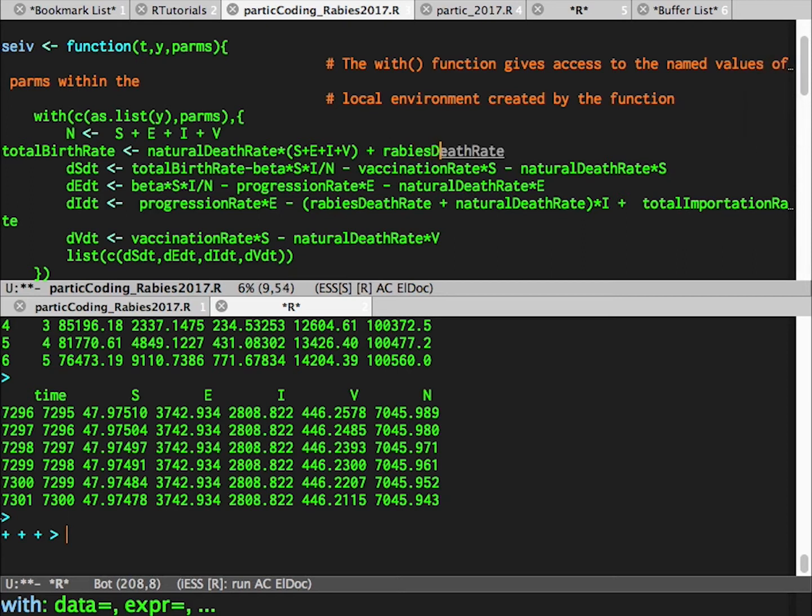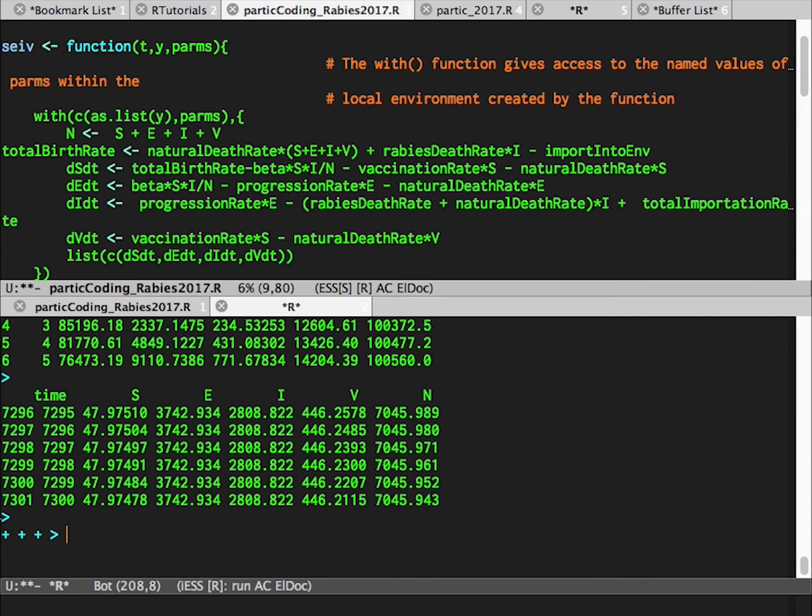Rabies death rate times I. Is that it? There's one more thing. That's very minor, but there's one other way animals are flowing into this model, which isn't birth: importation, right? So if we want it to be constant, we actually need to subtract the importation rate. And that way, we'll have everything balanced out.